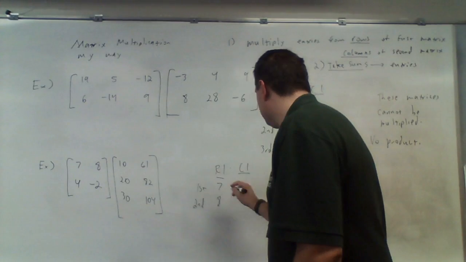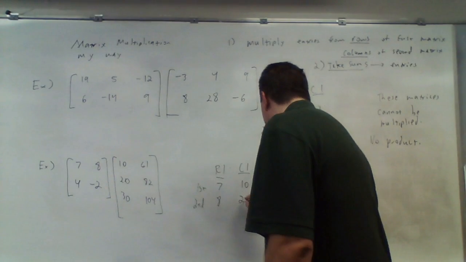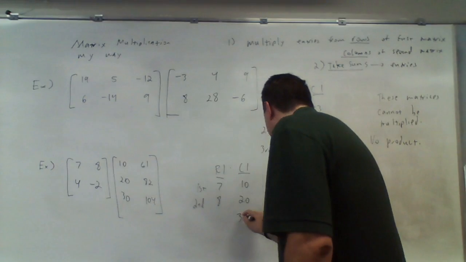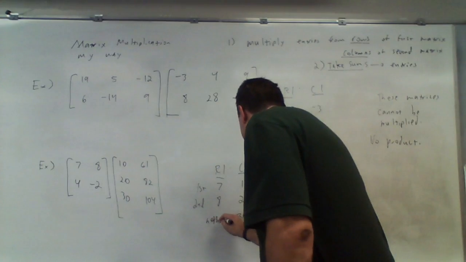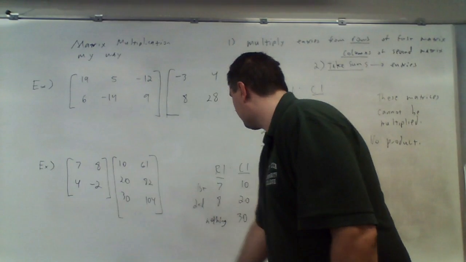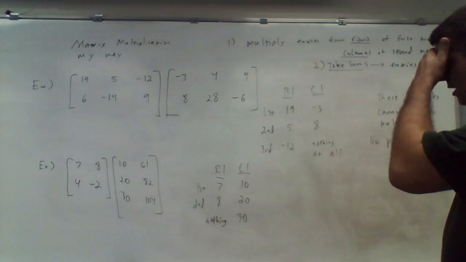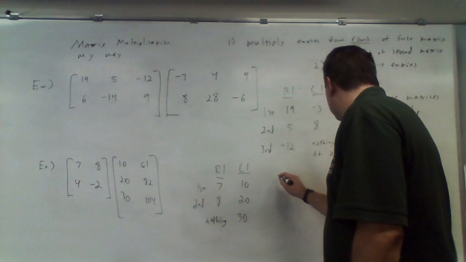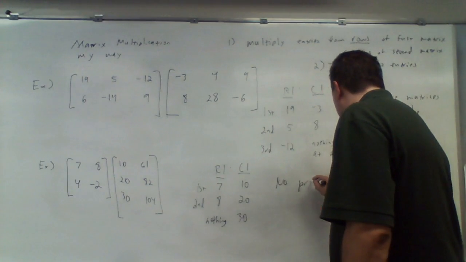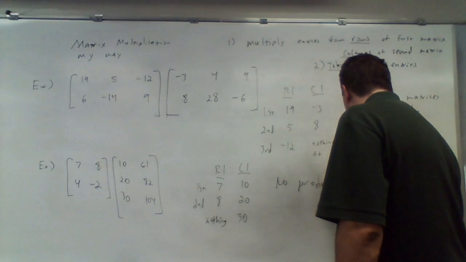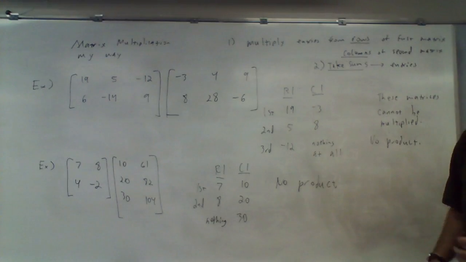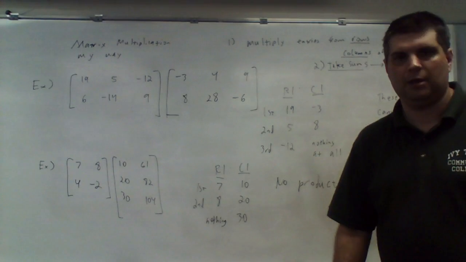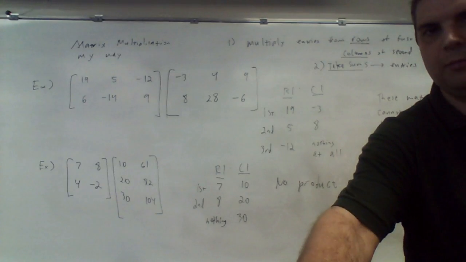And you have 10, 20, and then you need a 30. That means there's nothing to match over there. Okay? So because of this, there is also no product. All right, let me pause here and I'll do a couple more that are multipliable.